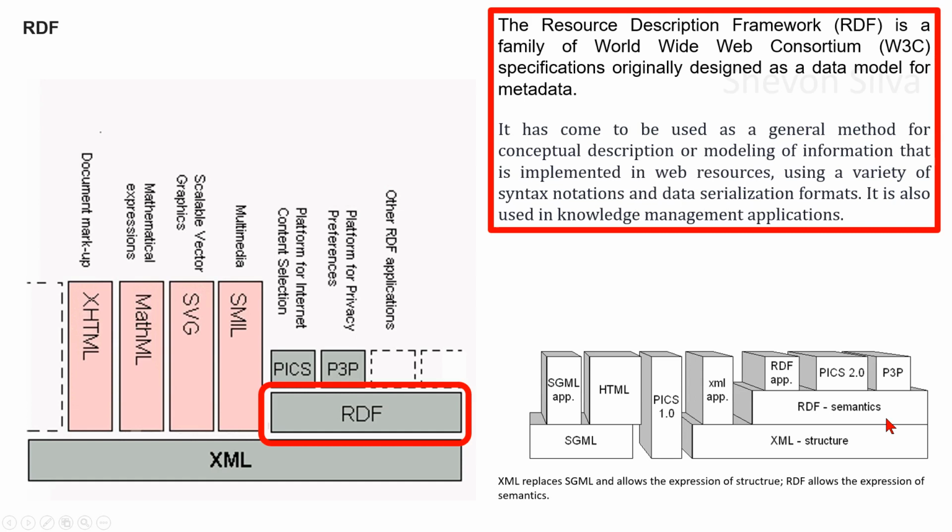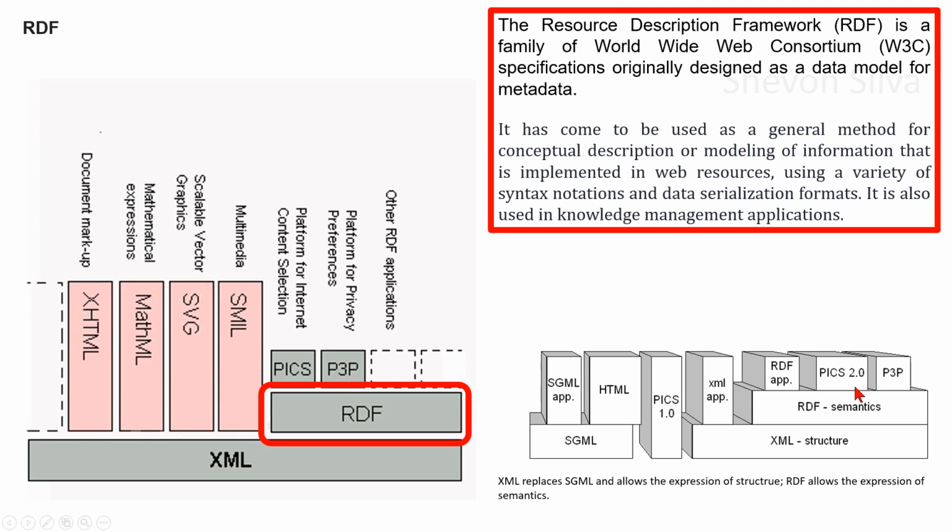In transition, the plan is for W3C's existing specifications such as PICS 1.0, written before XML and RDF, to make the transition to a 2.0 version defined in terms of RDF and therefore XML.